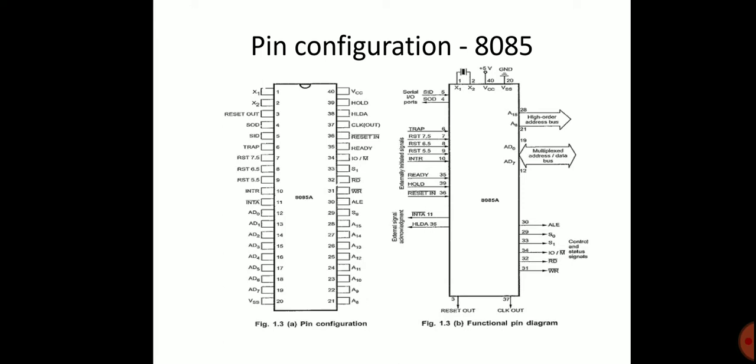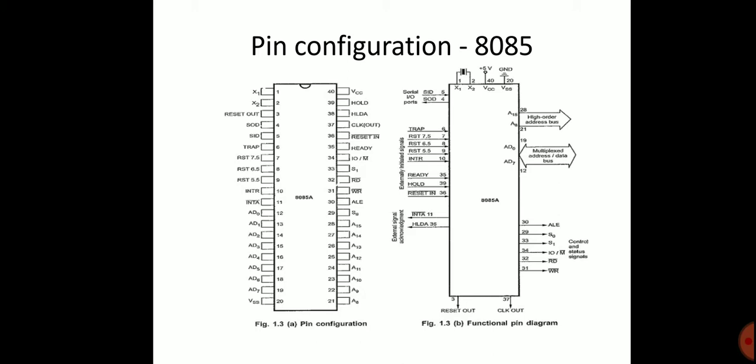The power supply and frequency signal. The power supply is VCC, that is pin 40 in our pin diagram. This pin configuration is of a 40 pin IC. The power supply VCC requires a 5 volt power supply and VSS is the ground reference.